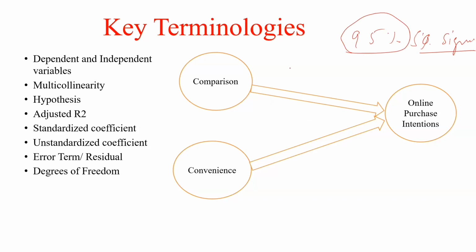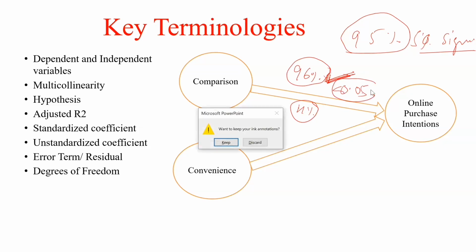Now, if your result comes out to be 96%, what does it mean? Shall we accept the hypothesis or reject? 96% is the confidence level where the margin of error is around 4%, which is less than 5%. What does it mean? It means your value is less than 0.05. This is what this table is presenting to us.